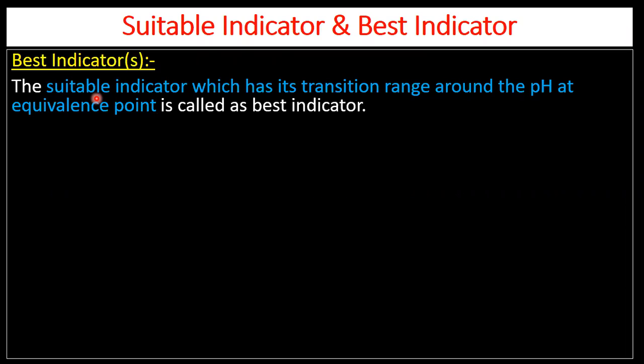Best indicator is always a suitable indicator, but a suitable indicator may or may not be the best indicator. The suitable indicator which has its transition range around the pH at the equivalence point is called the best indicator. Okay, म्हणजे ज्या पॉइंटला इक्विव्हॅलन्स पॉइंट आहे, ज्या पीएचला, त्या पीएचच्या दरम्यान ज्या सुटेबल इंडिकेटरची ट्रान्झिशन रेंज असते त्याला आपण काय म्हणतो, बेस्ट इंडिकेटर.